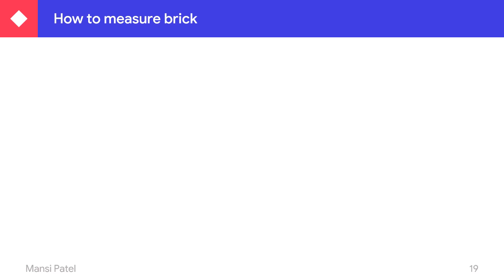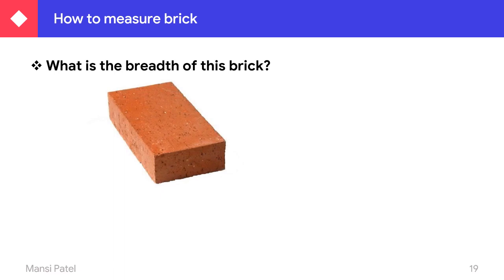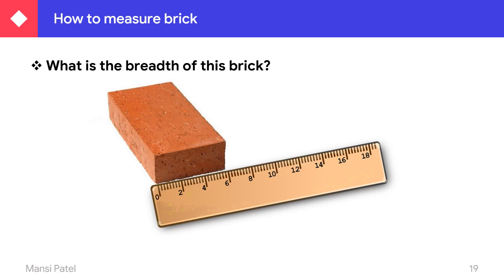Now another one. What is the breadth of this brick? Here you have to find the breadth. But before measuring the breadth, you know that here you can see three things: first, the length, breadth and height.